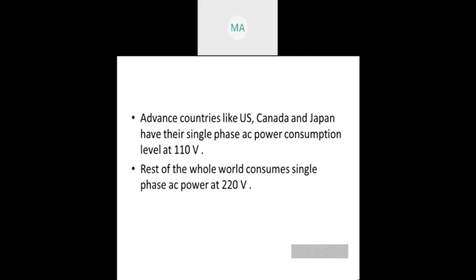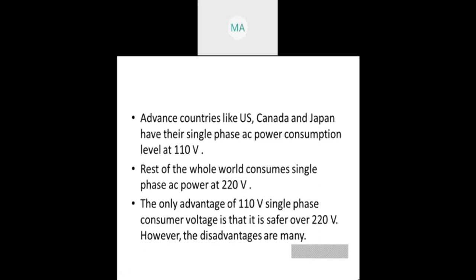Some other countries use 110 volts, so why do other countries have 220? The US, Canada, and Japan have a single phase AC supply of 110 volts. There are advantages of 220 volts single phase compared to 110, though 110 volts also has some advantages and some disadvantages.